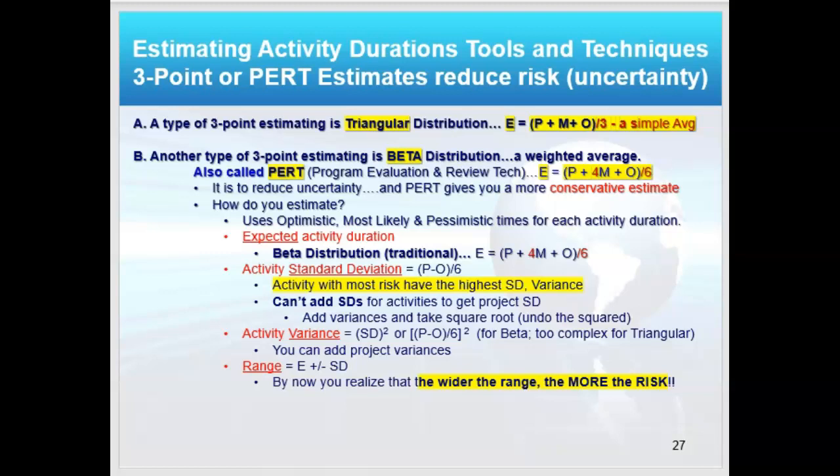A three-point estimate that has the weighted average is actually called PERT, Program Evaluation and Review Technique. That's PERT, okay? But both triangular and beta are forms of three-point estimating. You can read the slide here for more information. It's a good time to pause and make some notes.